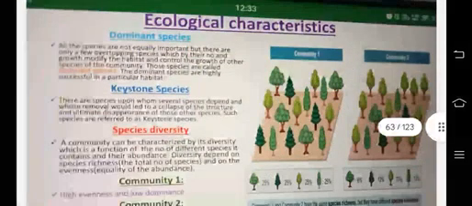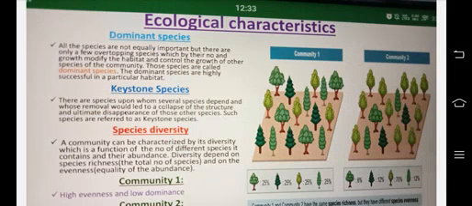Ecological characters. Community 1, Community 2. Dominant species. All species are not equally important, but there are only a few overtopping species, which by their number and growth modify the habitat and control the growth of other species of the community.